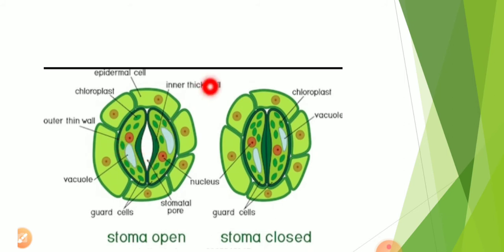Now the question arises, why are the stomata of xerophytes closed during the daytime? The answer is that xerophytes are plants which grow in water deficient soil or places. So to conserve water and prevent the loss of water, their stomata are open during the night time and closed during the daytime.